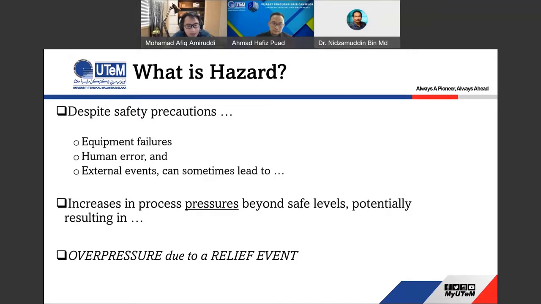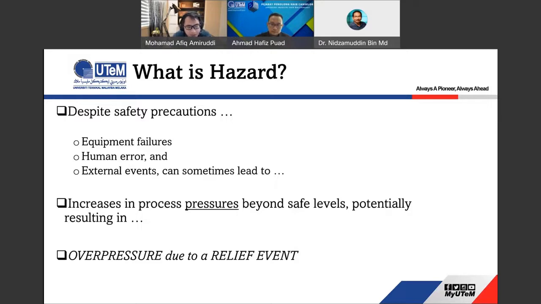So sometimes in a process, we have a phenomenon such as overpressure, where we have a pressure vessel or tank in which the pressure increases over our design pressure. That causes us to want to relieve the pressure, or we call it a relief event.